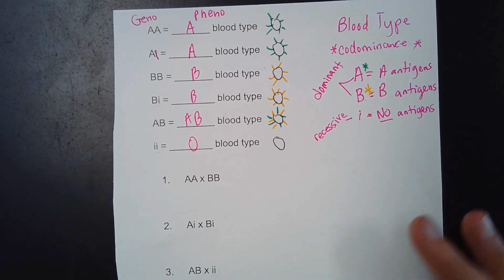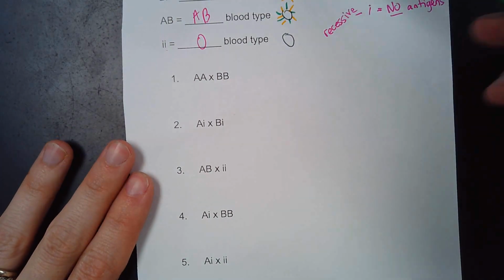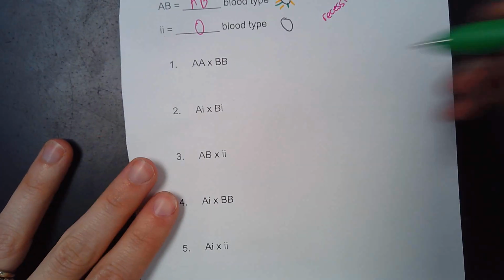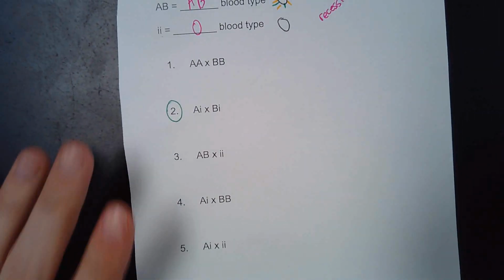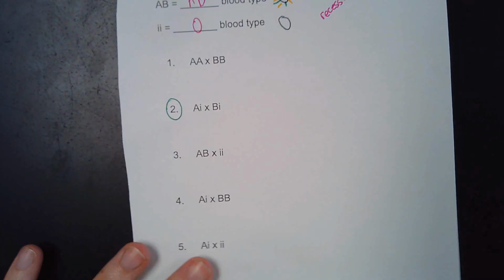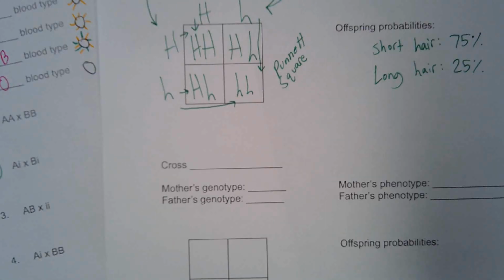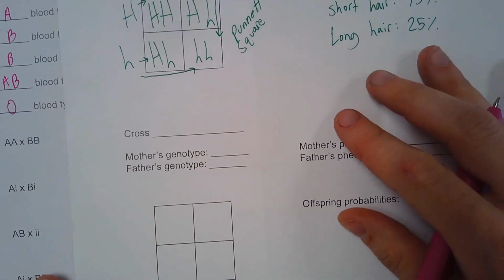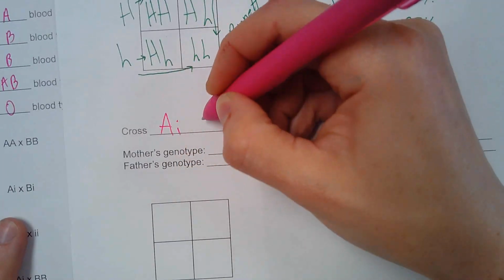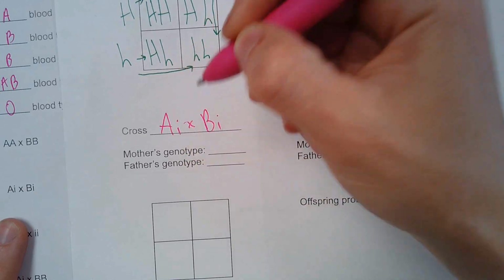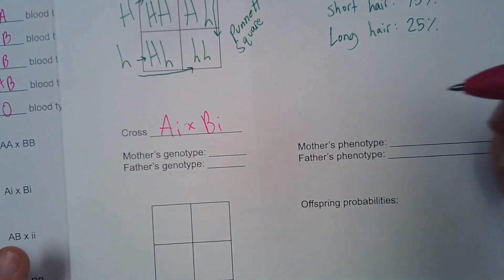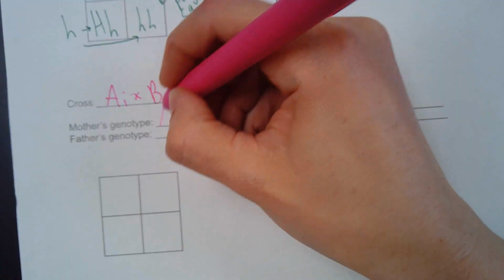So let's see how this could work in genetic crosses. I'm going to do this example first. Back on my paper, I'll use this for blood type. We're going to do the AI crosses with a B blood type. The mother's genotype we'll say is AI, the father's is BI.